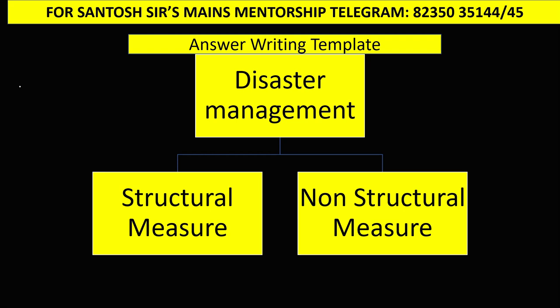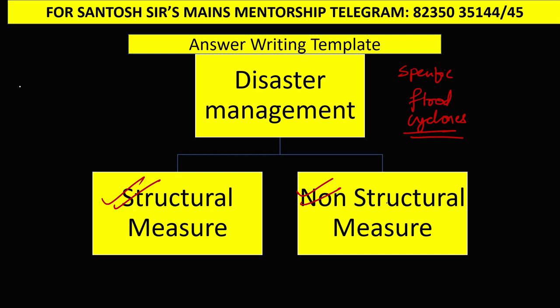Further, now the second type of question can come on specific disasters like floods, or cyclones, which is very important this year. So you can answer this by writing under two headings: structural measures and non-structural measures.